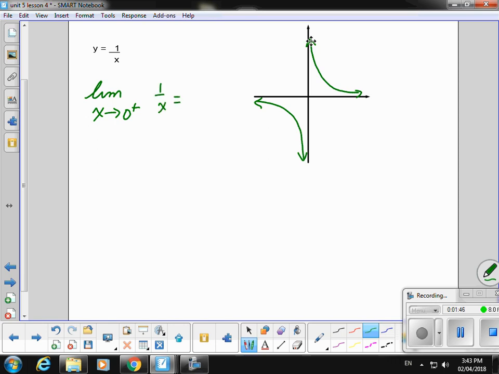As I get closer and closer to 0 from the right-hand side, I get closer and closer to infinity. As I approach 0 from the left side, I get closer and closer to negative infinity.